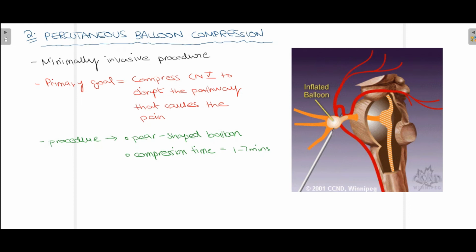So this procedure involves compressing the trigeminal nerve to disrupt the pathway that causes pain. This is the second commonly given treatment option to the patient, that is percutaneous balloon compression.